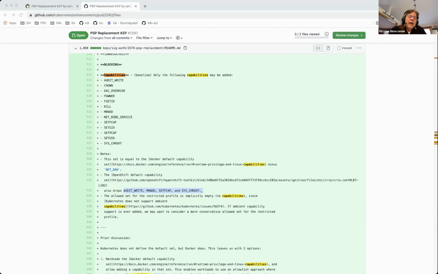The challenge that I have with allowing them to add capabilities back is that it's going to wind up in an attack surface conversation with every security conscious customer who really cares, and that means they have to now understand more about each of those. Why is it okay to add NetBind? What if it doesn't meet their policies? And so I was hoping that baseline would be the way you could do that.